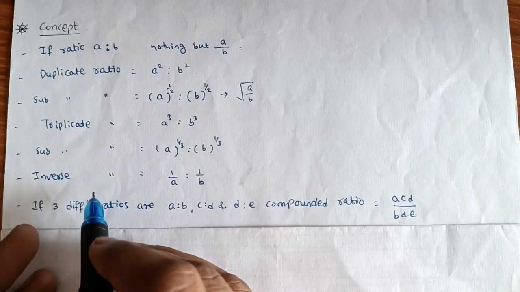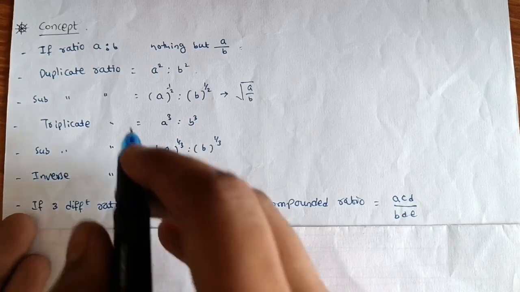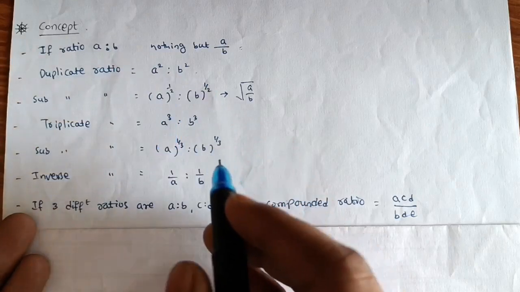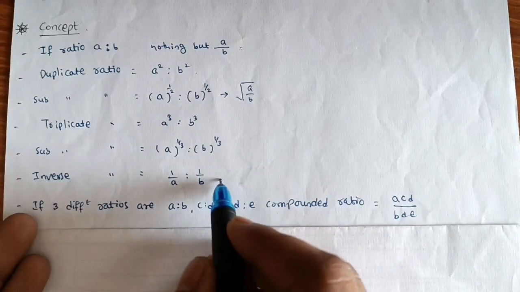Inverse ratio is the reciprocal, like 1 by A is to 1 by B.